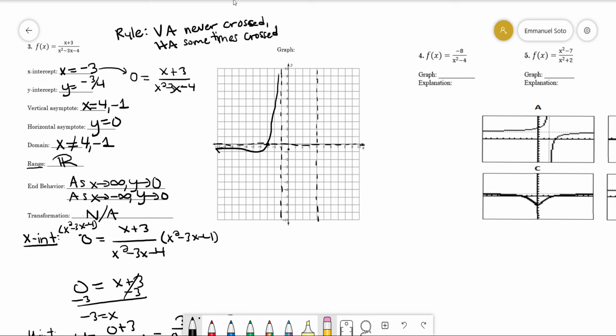Either way, it's going to be approaching from the other side. The only issue is, does it cross from the top or from the bottom? So we need to be able to determine which one of those is true.